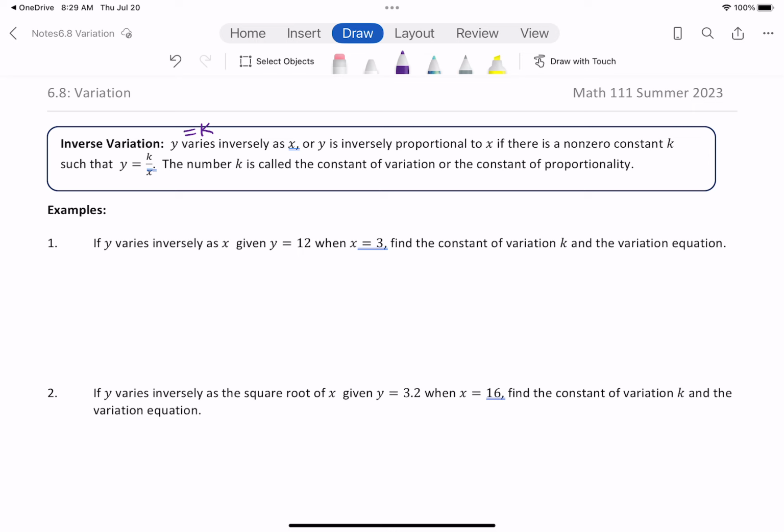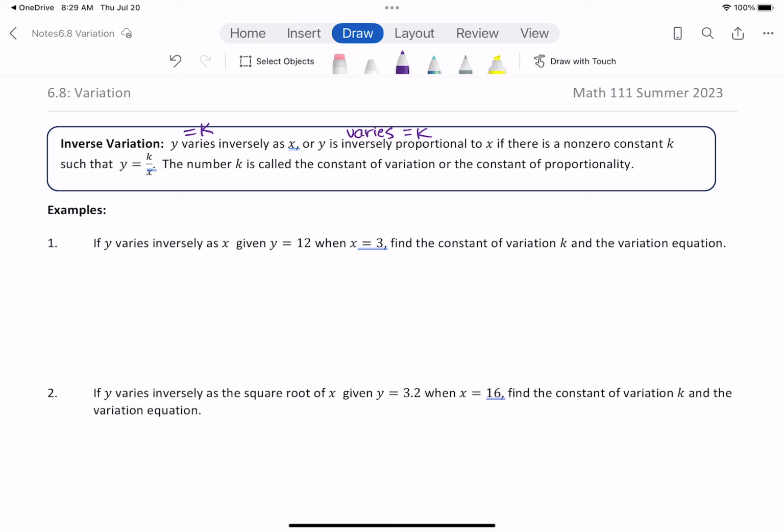And inversely proportional is just a different way to word varies. So that's where we'll put equals the constant as well. So the setup for inverse variation is y equals our constant k divided by x.